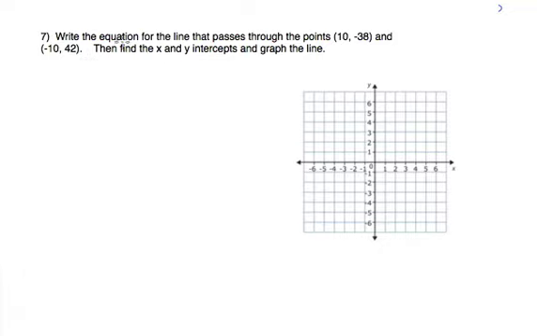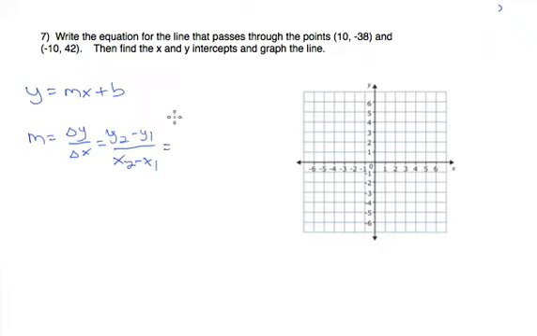Okay, number 7. Write the equation for the line that passes through the points (10, negative 38) and (negative 10, 42). That's fine. In order to write an equation, I need a value for m and a value for b. So how do I find m? M equals the change in y over the change in x, which we know is y2 minus y1 over x2 minus x1.